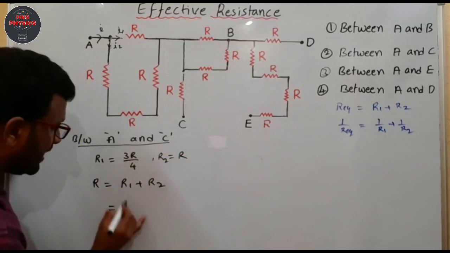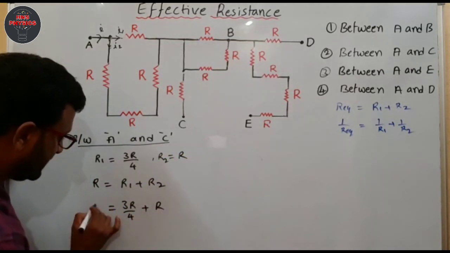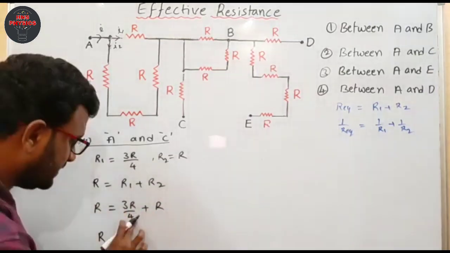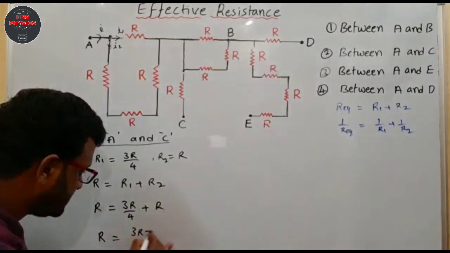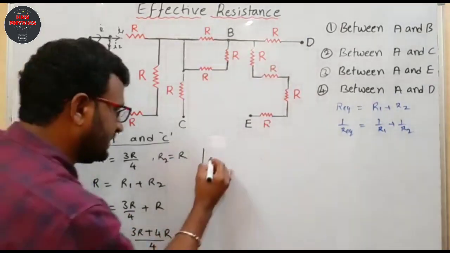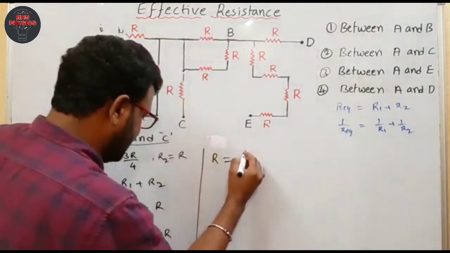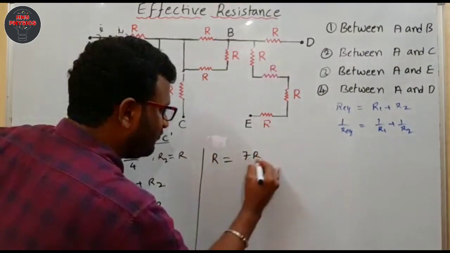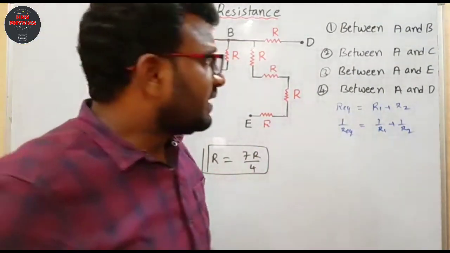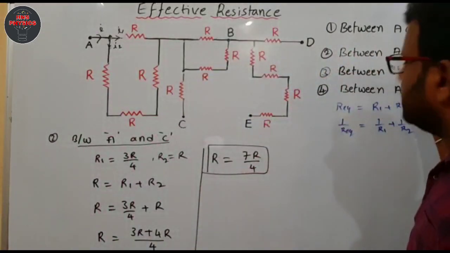So R1 means 3R by 4 plus R. If we take the LCM, that is (3R plus 4R) by 4. So finally you will get the effective resistance between A and C, that is 7R by 4. This is the effective resistance between A and C.